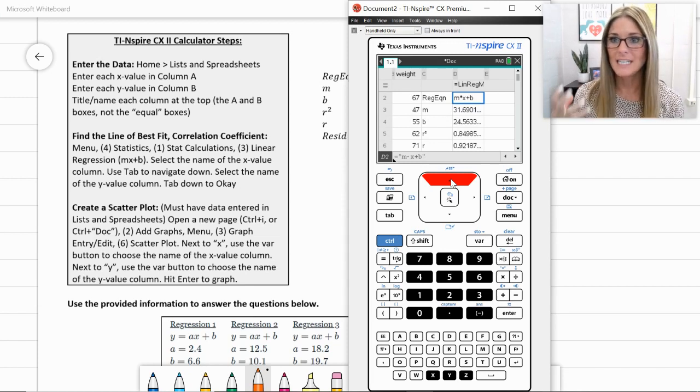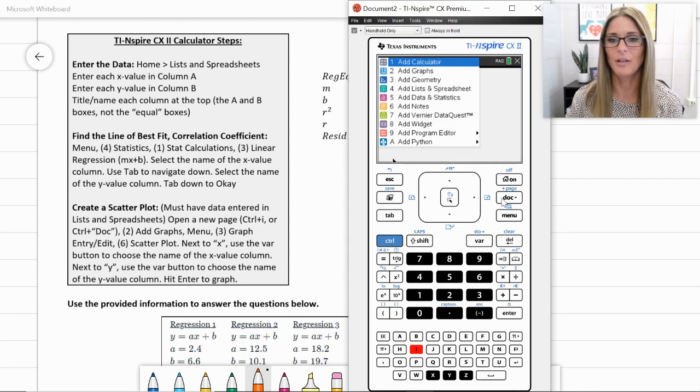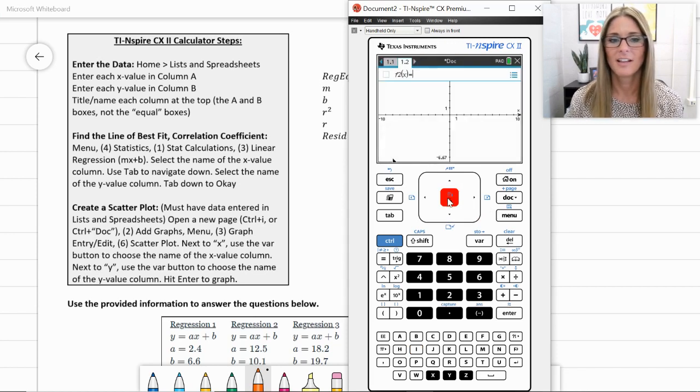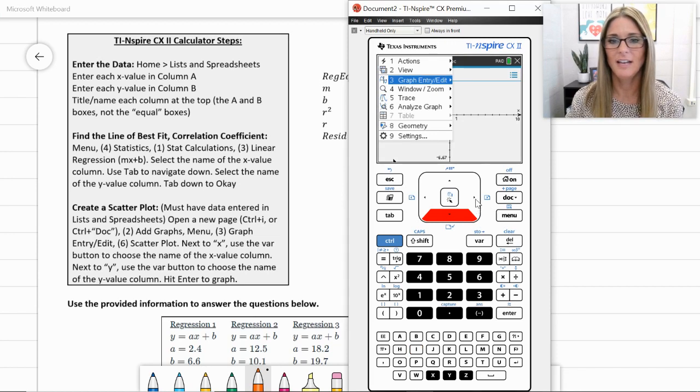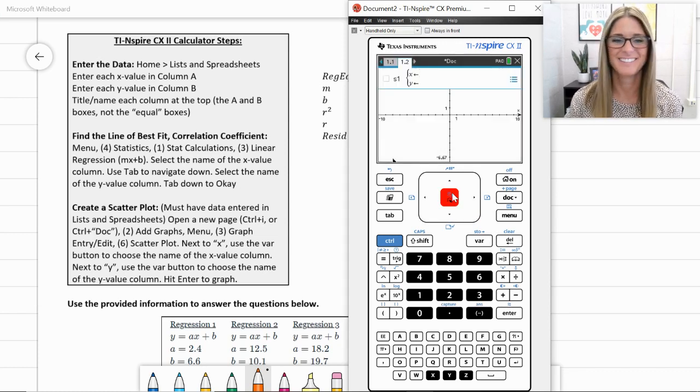You can also see your scatter plot, so make sure you move out of your data. We're going to open a new page, Control I or Control Doc over here to add a new page. And we are going to add graphs. On menu number 3, graph entry and edit, we're going to choose number 6, change it to a scatter plot.